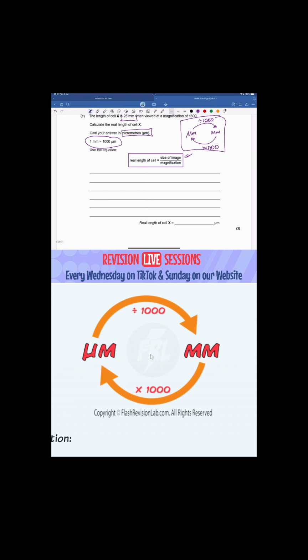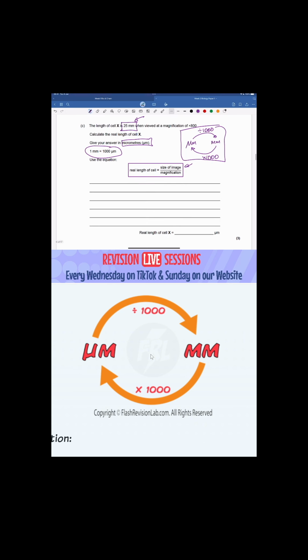Size of image, it says, is 25 millimeters. So 25 millimeters divided by 800. You can convert it first. I see some of you guys are converting it now. Yeah, you do get an equation sheet for physics, but in biology, you don't get an equation sheet.